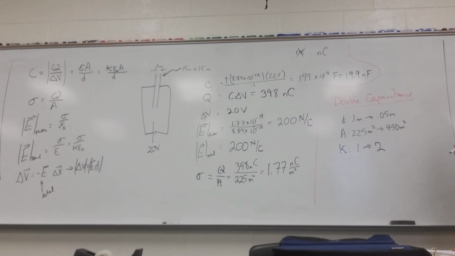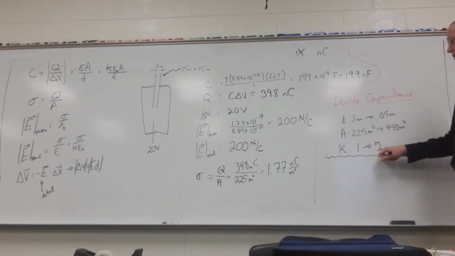And there's potentially something else that can happen. What would happen if we made it a 10-volt battery? Would that double the capacitance if we made it a 10-volt battery?